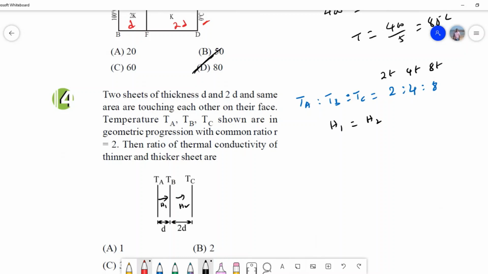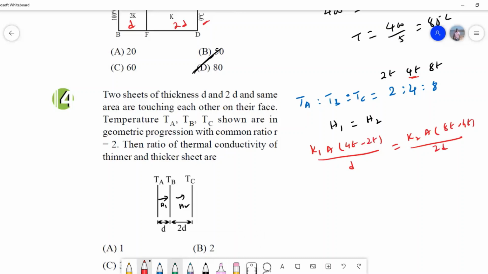For the first rod, we need to find the thermal conductivity. So K1 and the area will be the same: A into (TB minus TA), where TB is 4T minus TA is 2T, whole upon the thickness D. For the second rod, K2A into (TC minus TB), so 8T minus 4T, whole upon 2D.